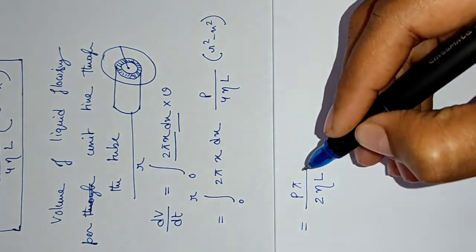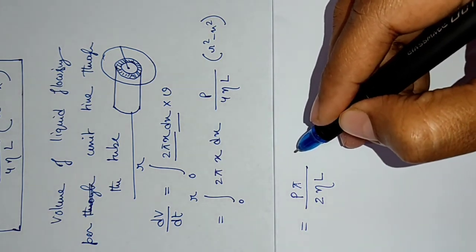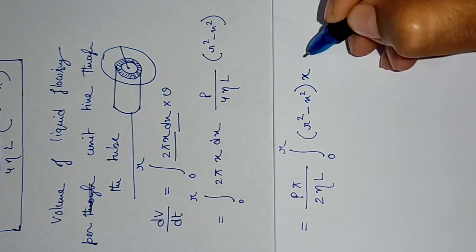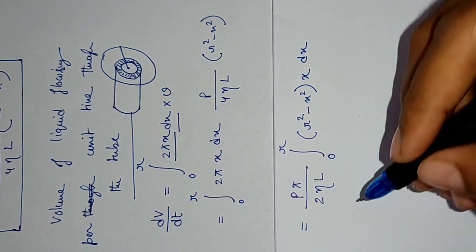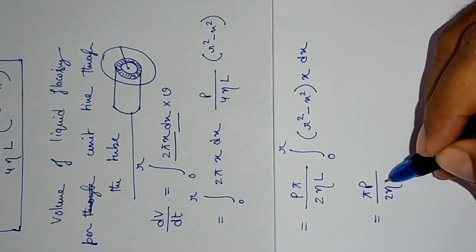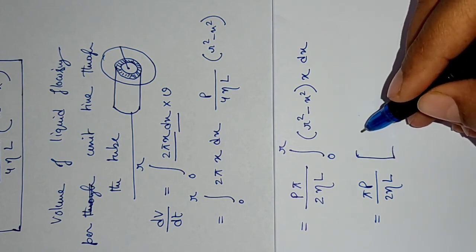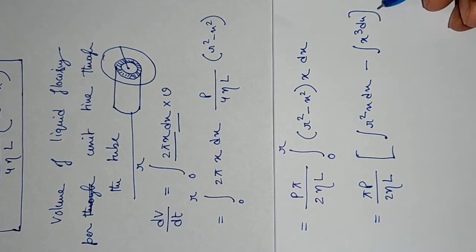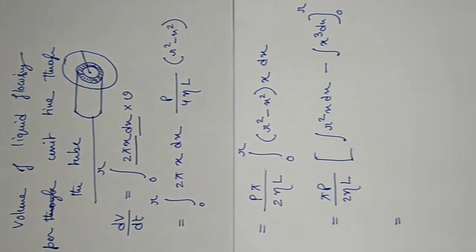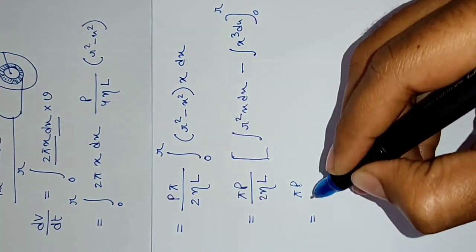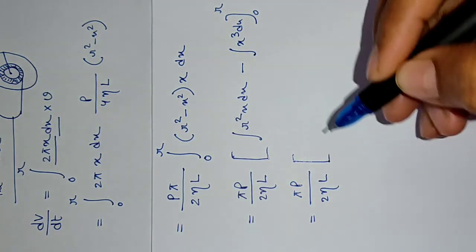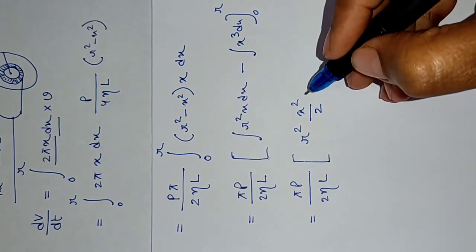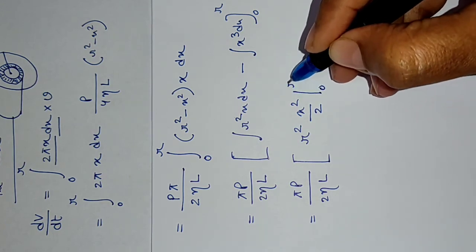So this pi will come out, and we will be left with integration 0 to r of r square minus x square into x dx, equal to pi P upon 2 eta L, integration of r square x dx minus x cube dx from 0 to r. r square will come out of the integration, and integration of x dx will be x square by 2, limit 0 to r.